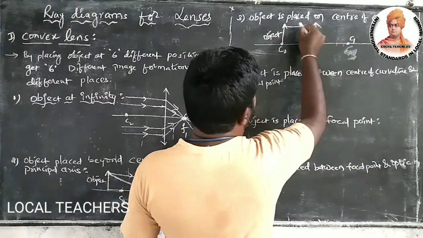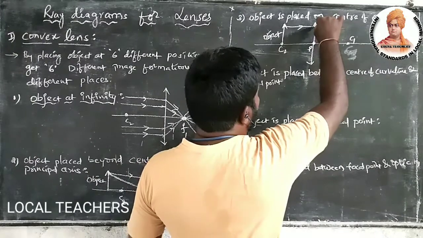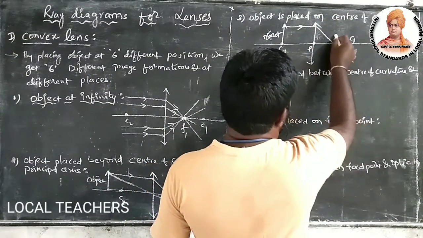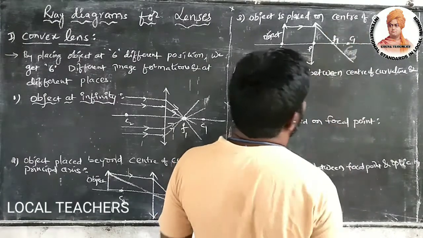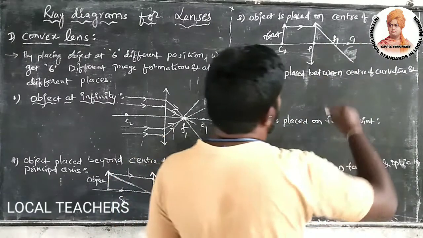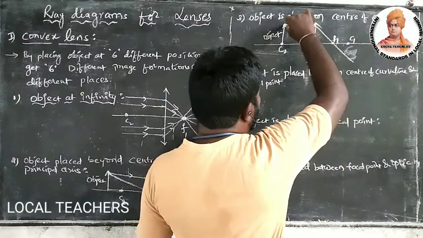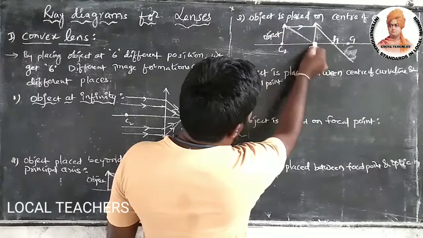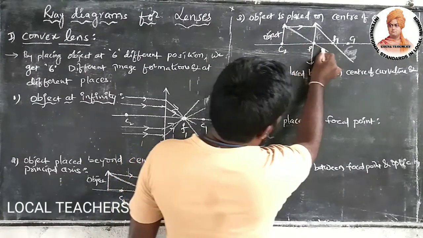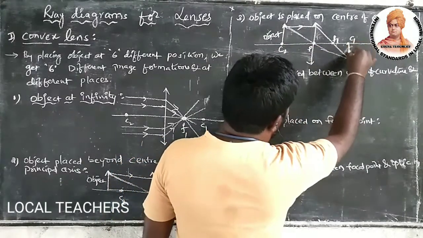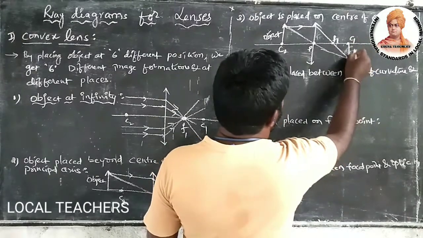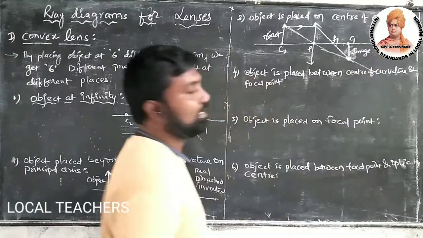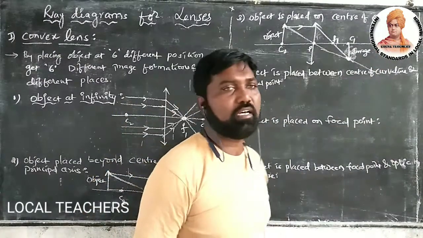A parallel ray after incidence is refracted through focus point F. Next, I consider another ray from the top of the object passing through the optic center. The image is formed exactly on the center of curvature.